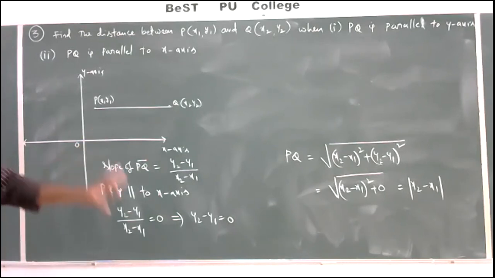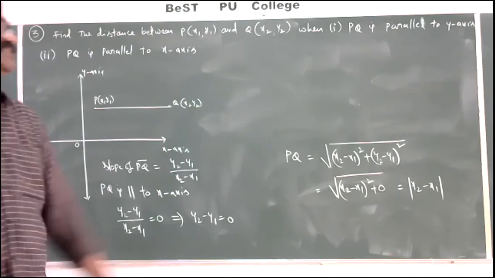That is the modulus of the difference of the x coordinates. If the line is parallel to y-axis, it is the modulus of the difference of the y coordinates. If the line is parallel to x-axis, the modulus of the difference of the x coordinates is the distance between the 2 points.